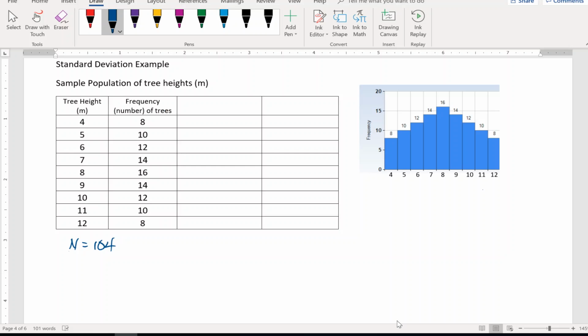Now, when we take the average, the mean, and we're going to use this symbol because this is a sample population, the mean is 8 meters. So that is the average. Now, you'll also notice that this happens to be the median and the mode for this. Now we want to take a look at the standard deviation and the Z-scores.